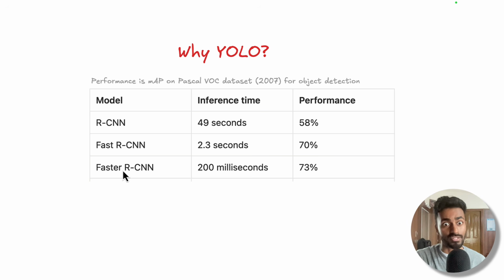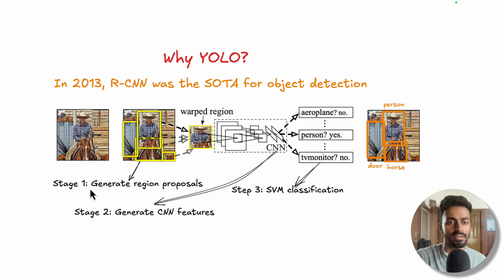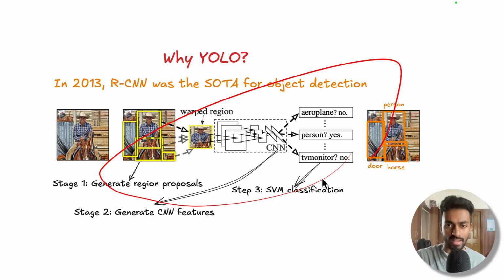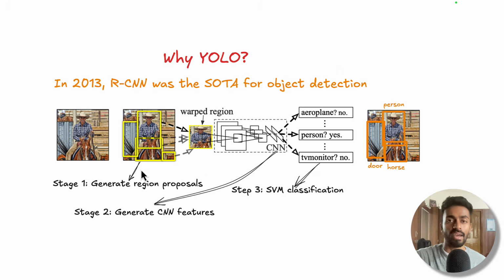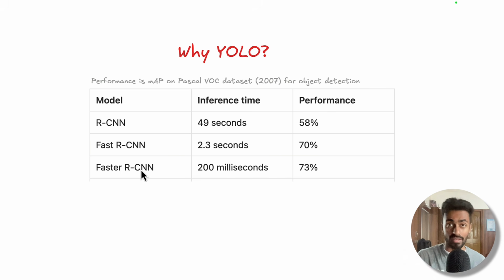And then we had Faster RCNN, which actually made an end-to-end neural network approach by even replacing the region proposal generation phase. So this entire thing essentially became an end-to-end trainable neural network, and it was devised around the same time that YOLO, the first version, was also devised. It cut inference time down to 200 milliseconds while increasing performance as well.